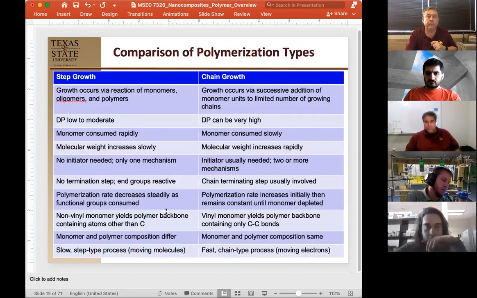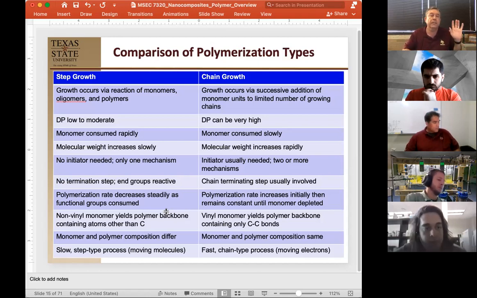All right. So to compare and contrast, step growth usually reacts with the monomers, then oligomers, and typically step growth involves two different functional groups: an amine, a carboxylic acid, an alcohol, an acid chloride, or an ester and an acid chloride, something like that.